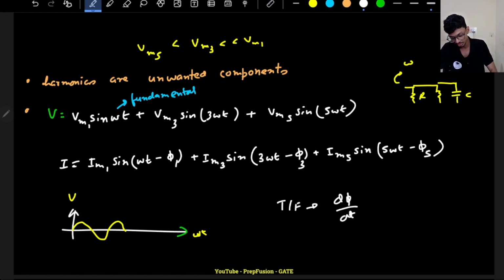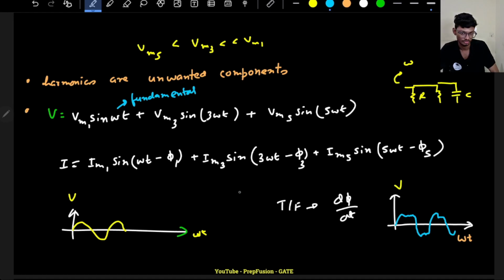So the waveform, instead of looking like a pure sine wave, will look something like this. Not purely sinusoidal, a bit of harmonics.